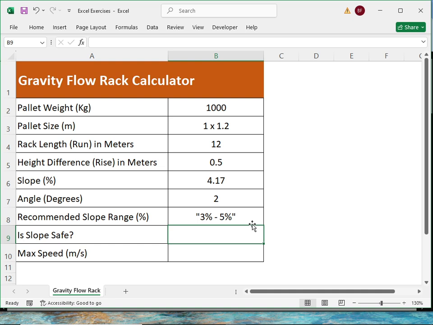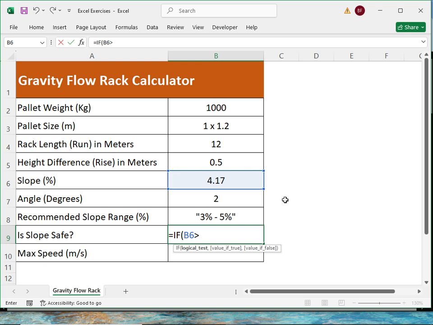To check whether the slope is safe, I'm going to use the IF function with AND. I'm going to get the slope, which is B6.